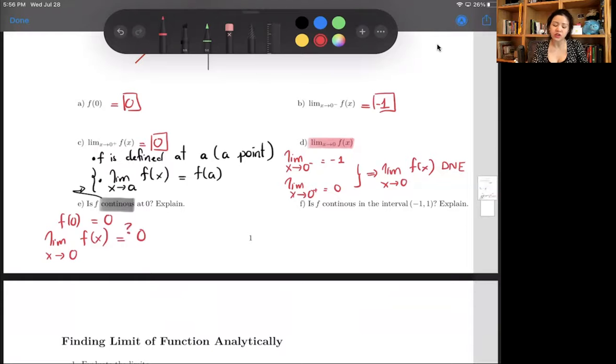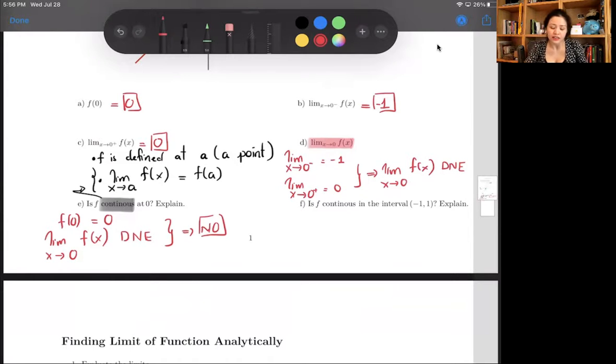Well, we showed above in part D that the limit as x approaches 0 of f of x does not exist. So this is not true. Therefore, we have the first bullet point, but we don't have the second bullet point. So the answer is no, f is not continuous at 0, and that's the explanation.